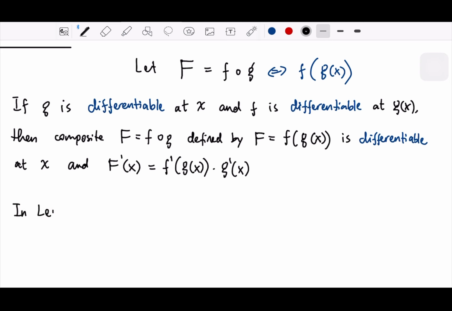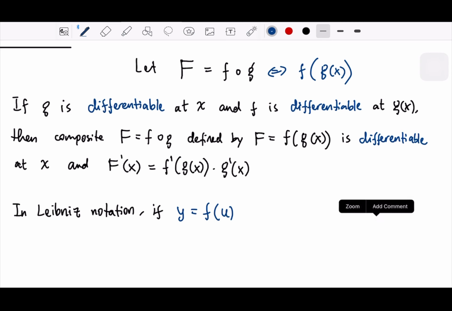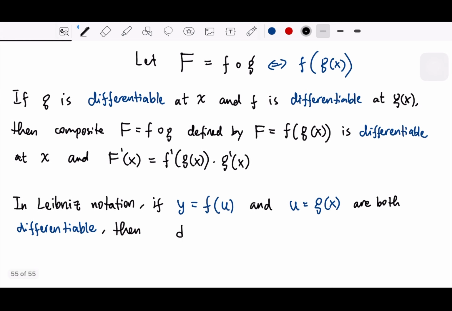So in Leibniz notation, if y equals a function of u, where u is a dummy variable, and u is a function of x, function g, and they are both differentiable, then we could write dy/dx equals dy/du multiplied with du/dx.